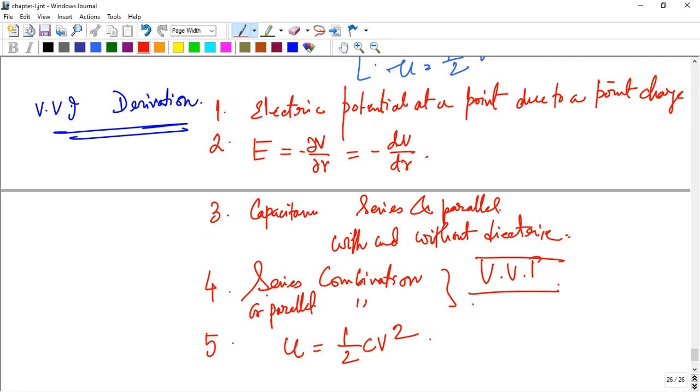Now finally, the quick formula sheet. That's very important.